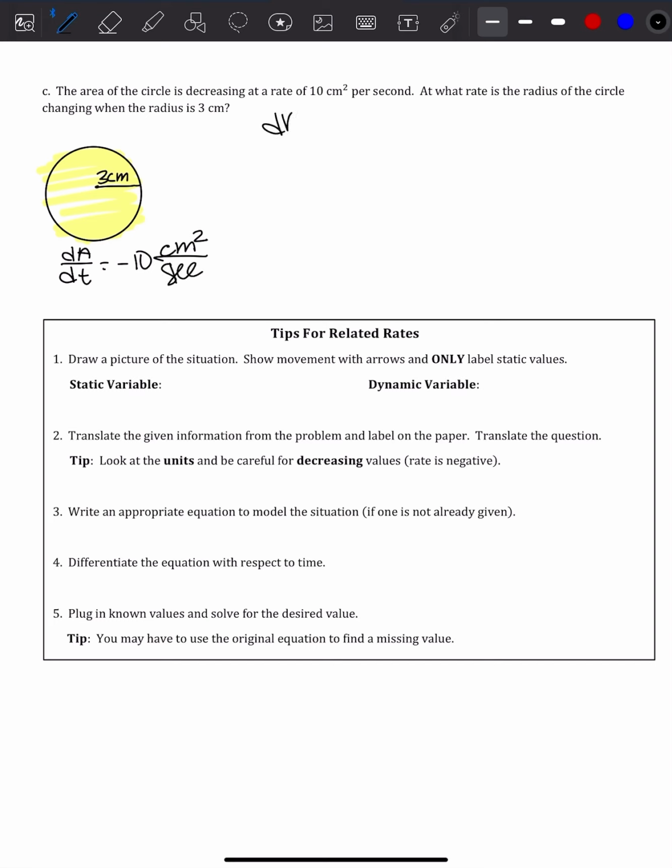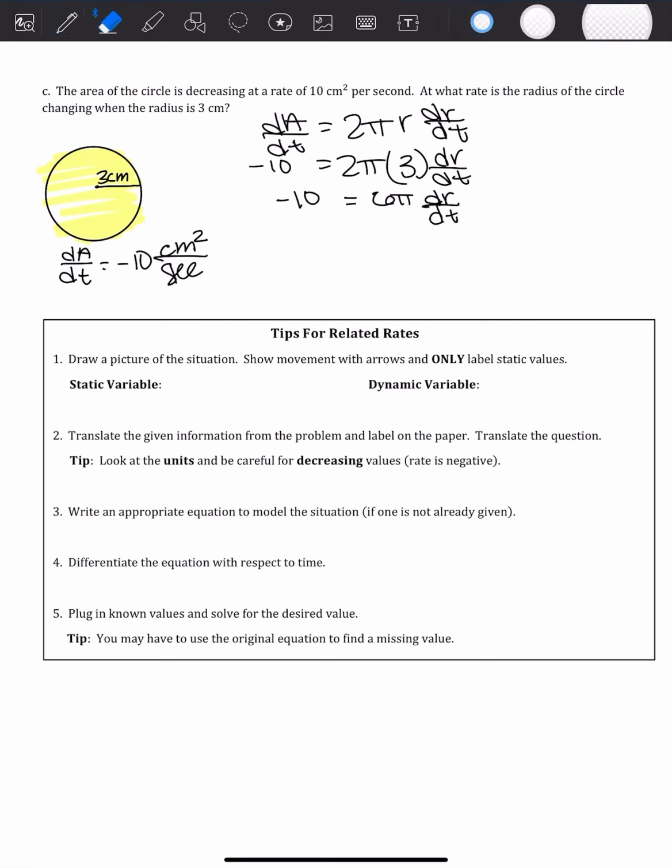We're going to use that same equation, dA/dt equals 2πr dr/dt. This time r is 3, and dA/dt is negative 10. We move some stuff around to get dr/dt by itself. We multiply these together to get 6π, and then we divide. So negative 10 divided by 6π is dr/dt.